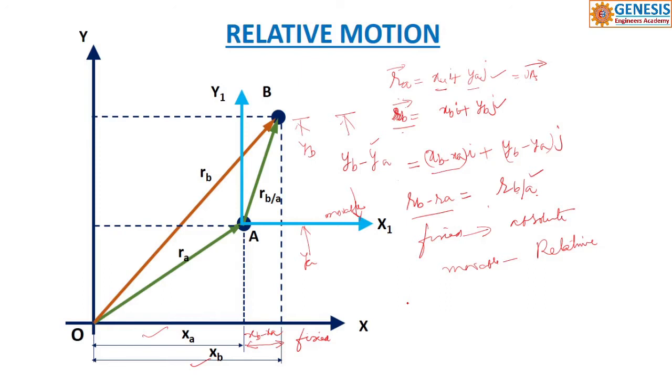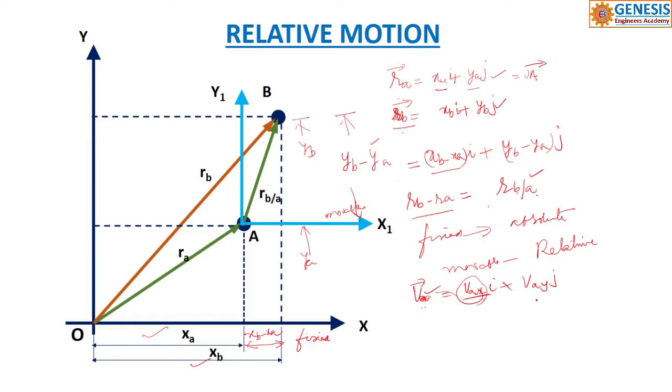If you differentiate with respect to time, you can represent that as a velocity. So velocity of A is like that, with components VAX i plus VAY j. VAX is the velocity of A on the x-axis, the component of this on the x-axis.